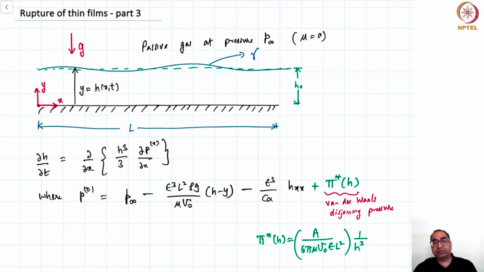What we'll be doing in this lecture is to write down the evolution equation for the thin film again, and we will be simplifying this equation by defining a few important parameters, and we'll then be carrying out a linear stability analysis of this equation to understand which wavelengths grow and which wavelengths decay. So that will be the dispersion relation for this thin film problem. So let us begin by looking at the evolution equation for the thin film.